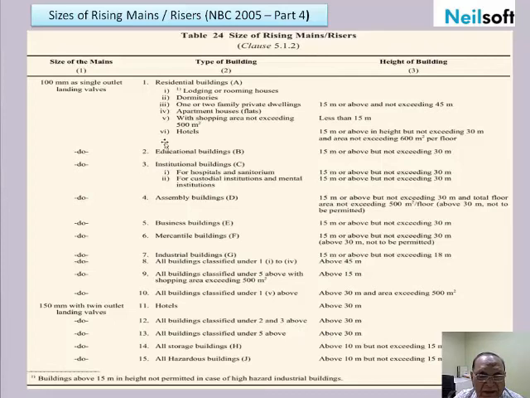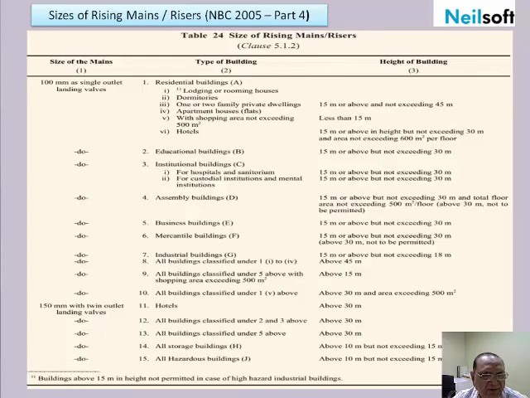Buildings up to this height will require a 4-inch dia or 100 dia with a single hydrant, but the same building occupancies more than this height will require 150 dia hydrant risers and double hydrant. This is required to be followed to complete our design and the sizing of the hydrants.